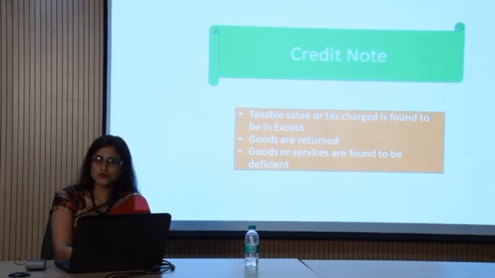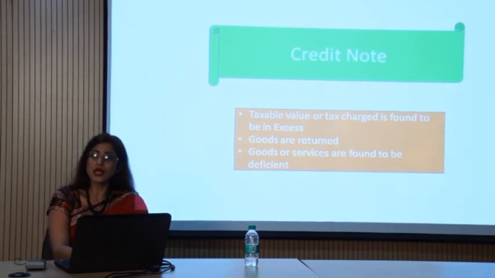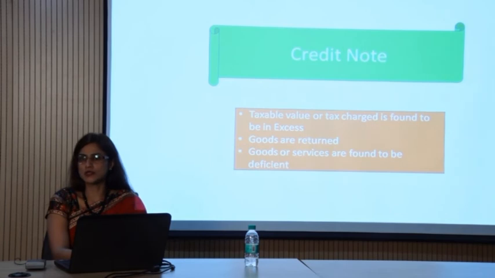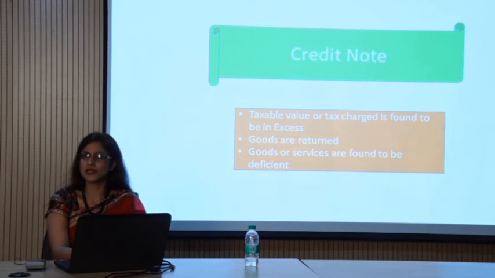This is one situation. For example, goods are returned. Now you have made the supply of, for example, 100 sarees, and that too on the tax invoice. It is not on a delivery challan here, it is on the tax invoice.